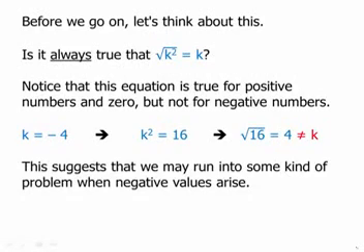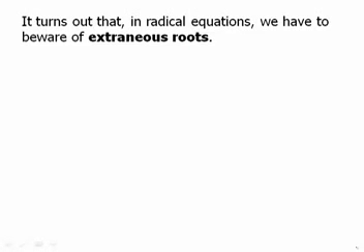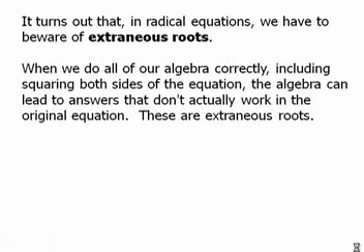This suggests we may run into some kinds of problems when negative values arise. So this is on our radar. What happens when we get negative values, in particular when the thing under the radical is negative? We have to pay attention to this. It turns out that in radical equations we have to be aware of extraneous roots. When we do all of our algebra correctly, including squaring both sides of the equation, the algebra can lead to answers that don't actually work in the original equation.